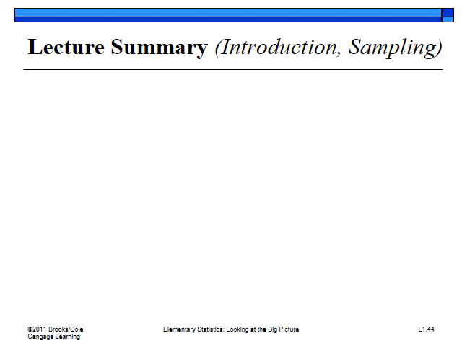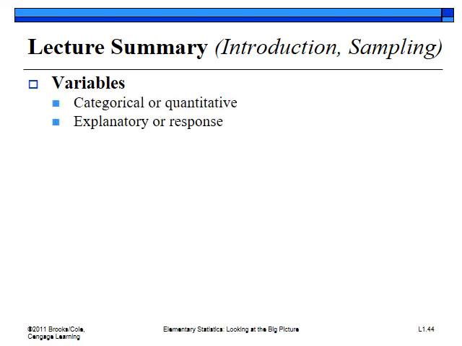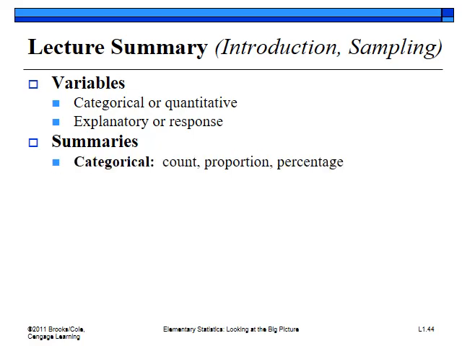To sum up, in this video we discussed variables, how to categorize them as categorical or quantitative, and as explanatory or response. We talked about summarizing variables. For categorical variables, we might use the count, the proportion, or the percentage. For quantitative variables, we'll use the mean.